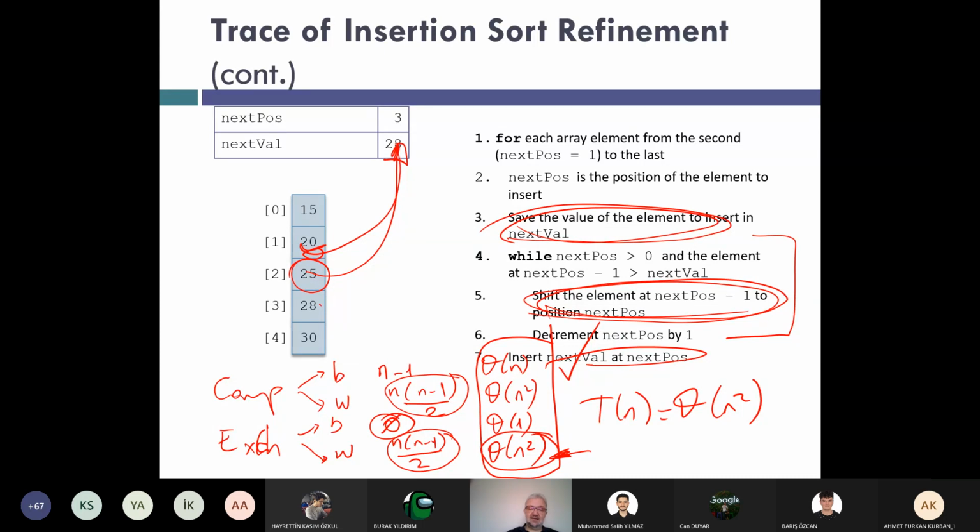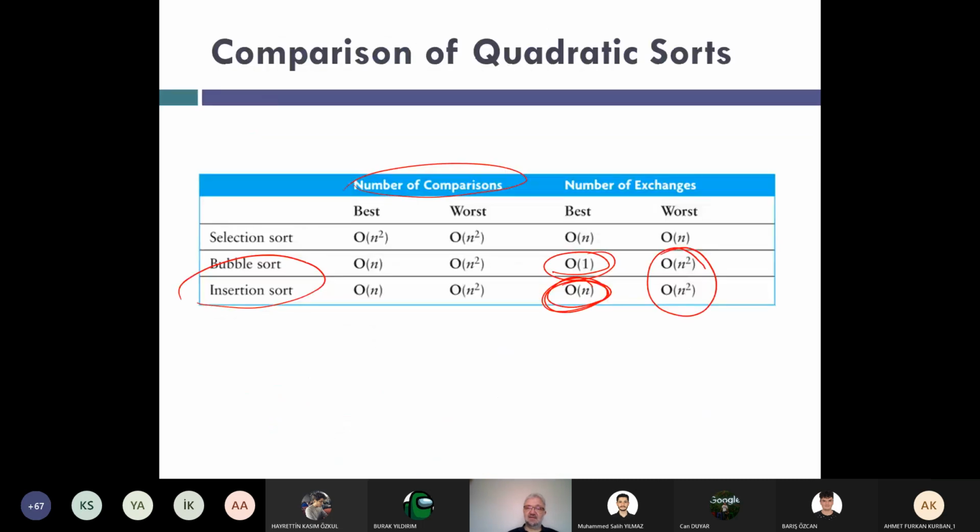And because of that, even if in the while loop there are 0 copies performed, still 2n minus 1 copies are performed. That's why this is linear because of these two copy operations, right? That's why this value is linear and it's correct. Okay.